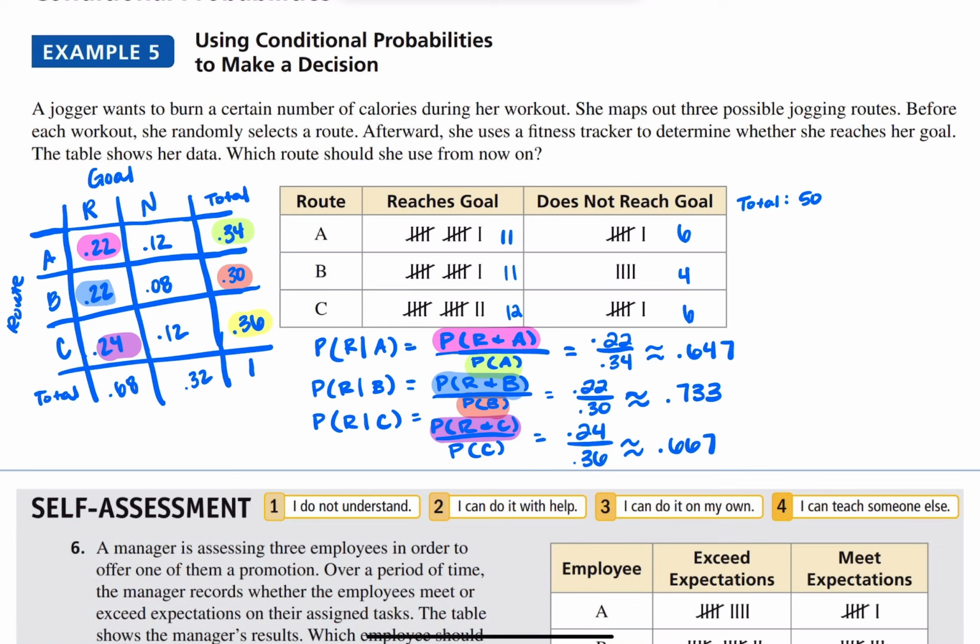So her best bet here is going to be route B. So her probability of reaching her goal is best on route B.